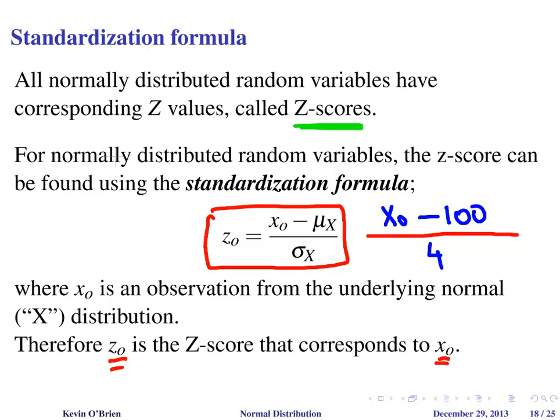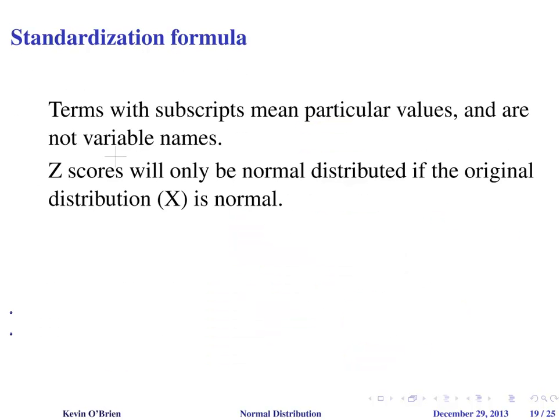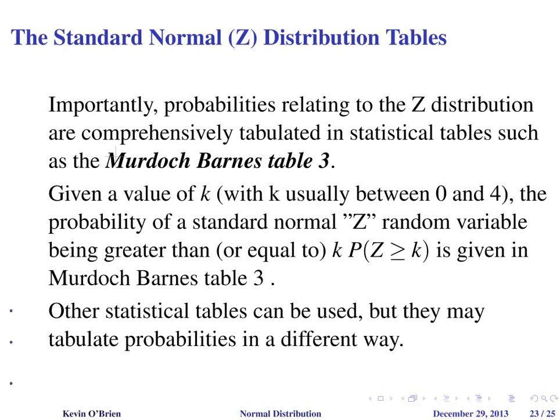Moving on to the next slide. Just as a quick remark, terms with subscripts mean particular values and are not variable names. Anytime I put a subscript in, it just means it's a particular value, like 1.96.